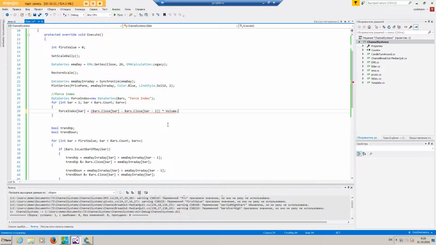Okay, volume bar. Well, I guess you don't have to write bars here. Okay. And that's it. Your index is now filled.